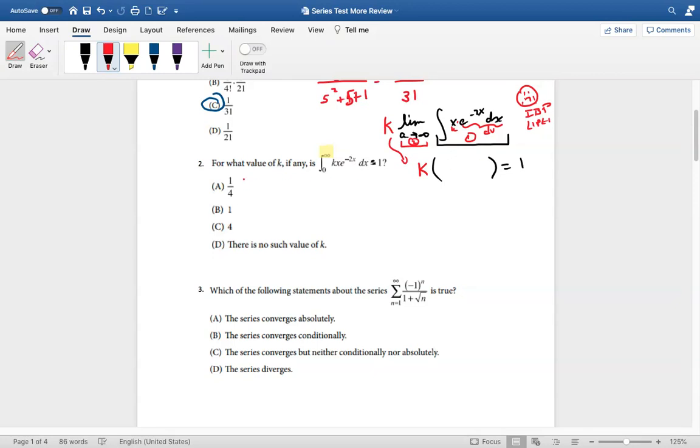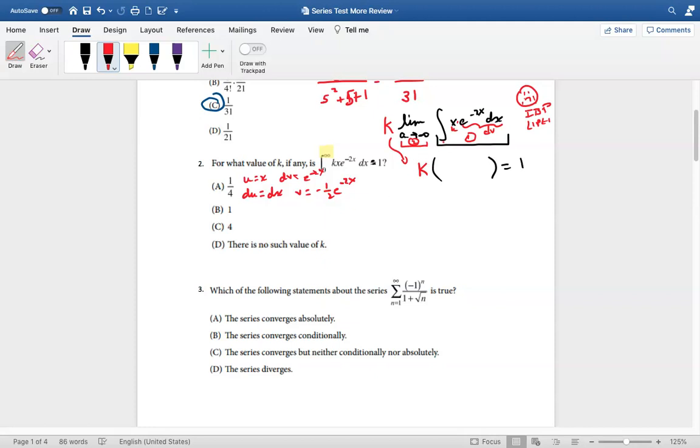So I'm going to go over here. u is equal to x. dv is equal to e to the negative 2x. du is equal to 1 dx. And v is equal to negative 1/2 e to the negative 2x. Notice I've forgotten all about k and the limit right now.